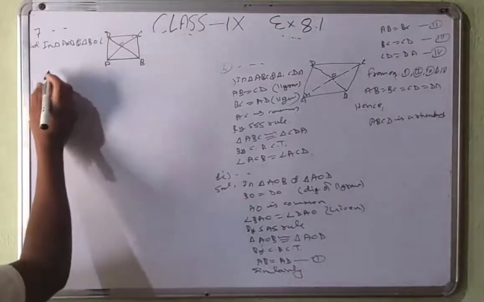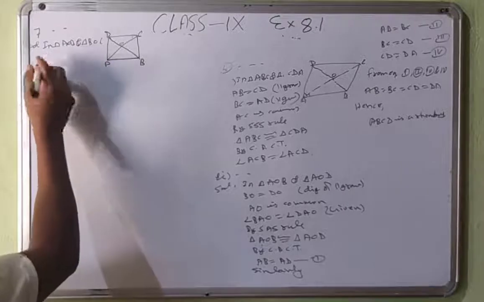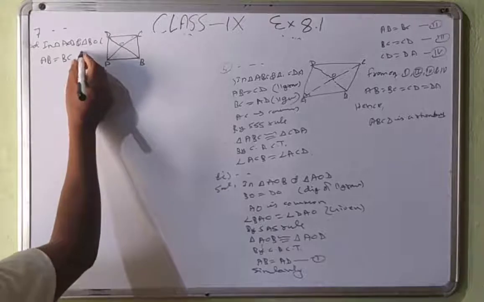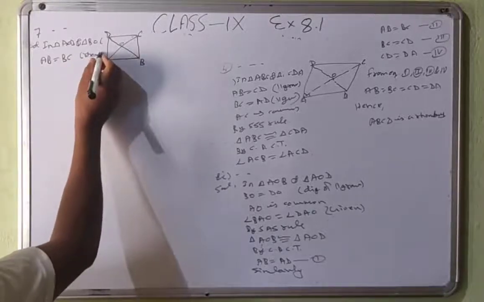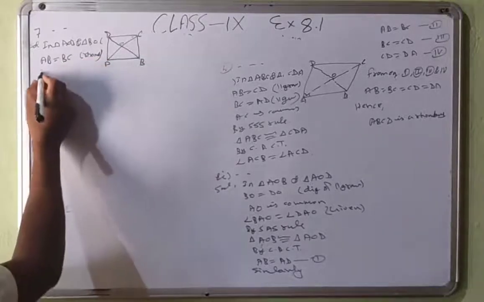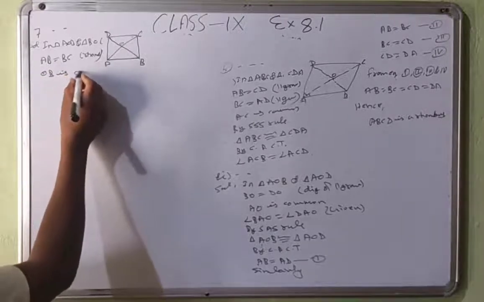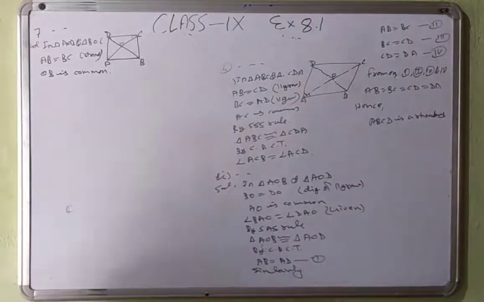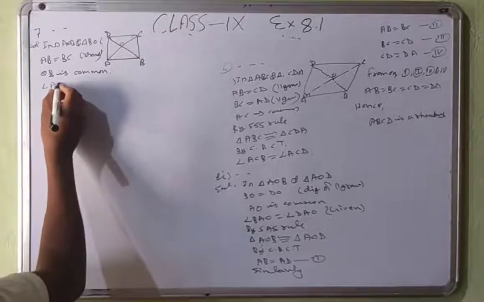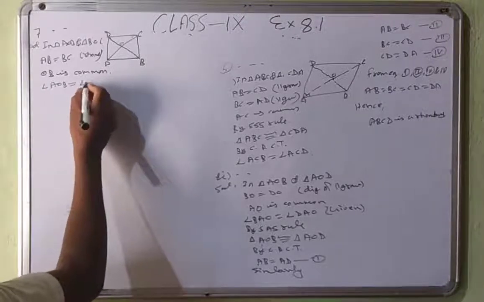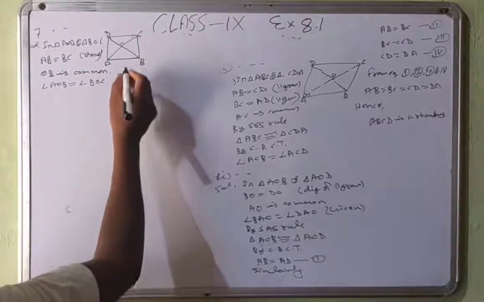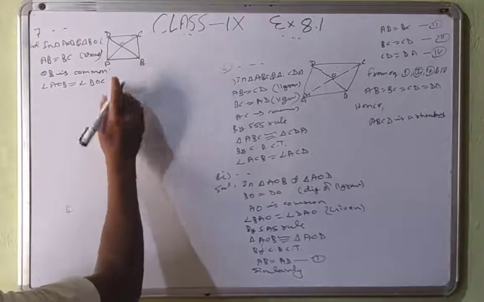AB is equal to BC by rhombus, and then OB is common. Angle AOB is equal to angle BOC, by diagonals of a rhombus being at 90 degrees.